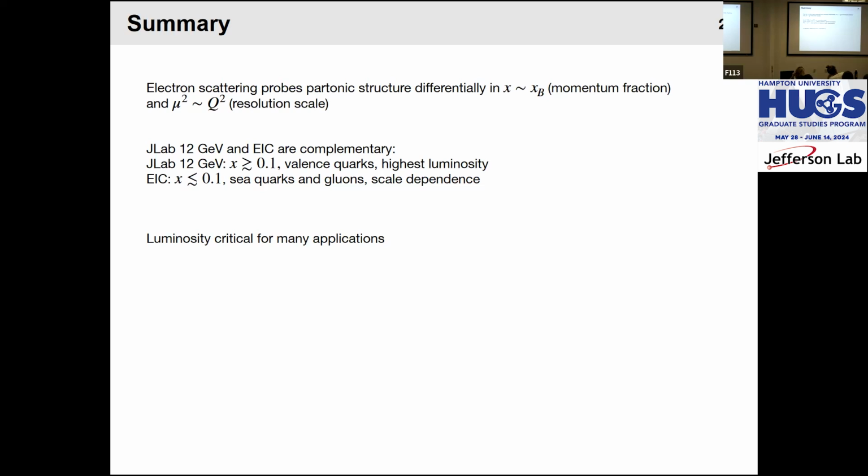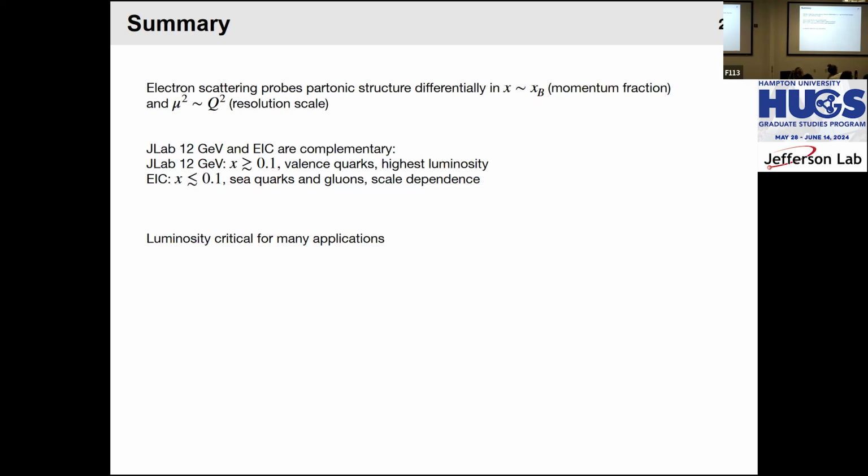We see that JLab 12 GeV and EIC are complementary. JLab 12 GeV probes partonic structure at x larger than 0.1, valence quarks, at the highest luminosity. EIC probes structure mainly at x below 0.1 in the regions of sea quarks and gluons, and can map out the scale dependence. And the luminosity is critical for many applications that we have seen.